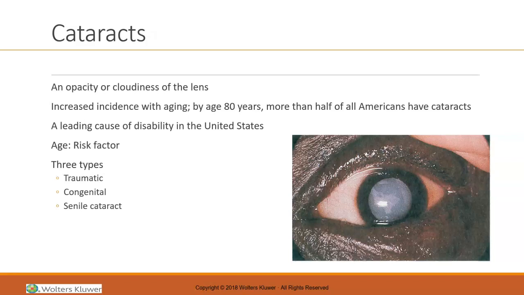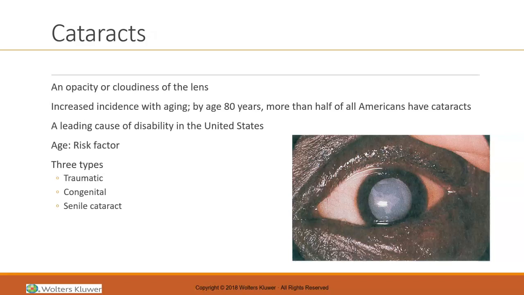Smoking, obesity, high blood pressure, previous eye injury or inflammation or previous eye surgeries, prolonged use of corticosteroid medications, excessive alcohol intake. And then here's one that we can all modify very easily: excessive exposure to sunlight. So a reason that wearing those sunglasses is so important.